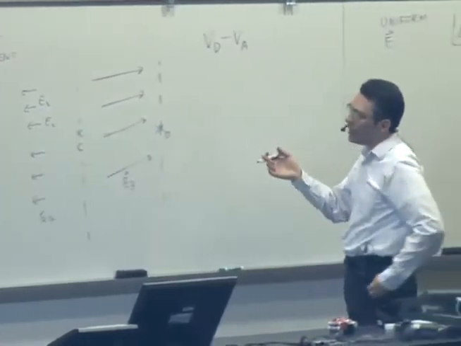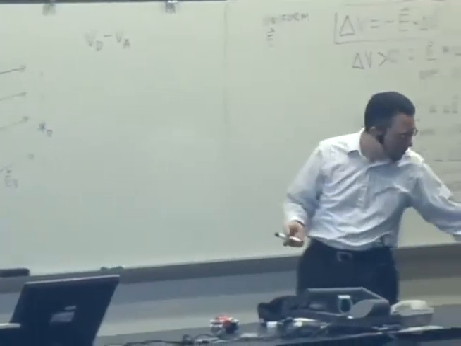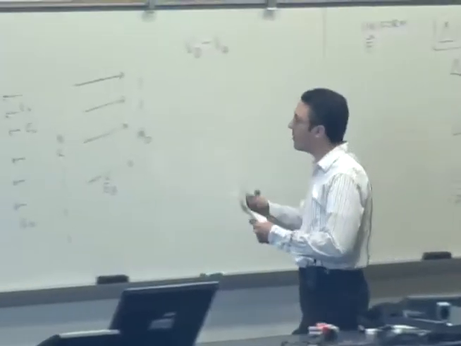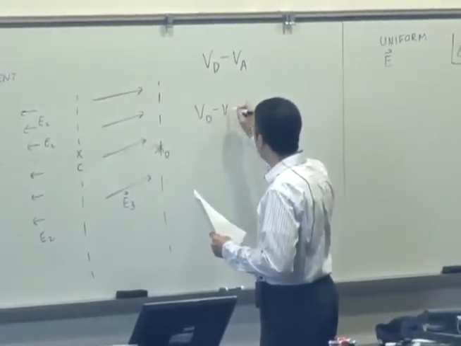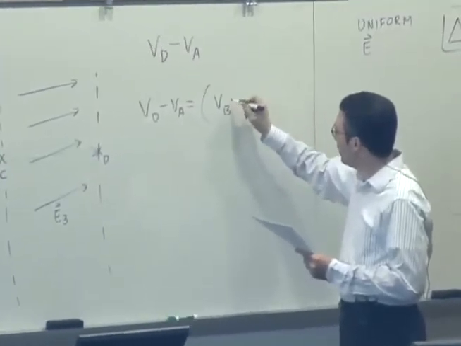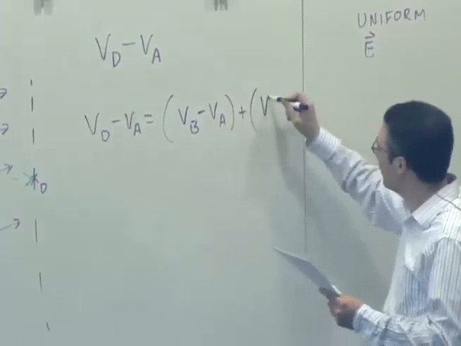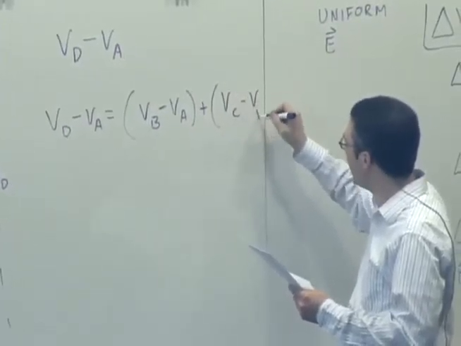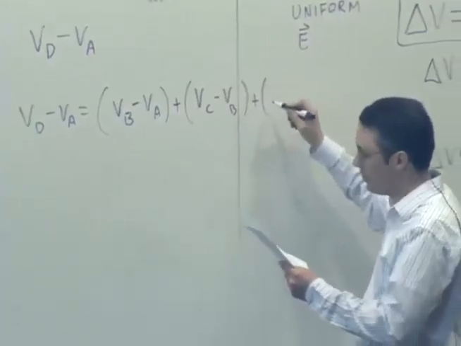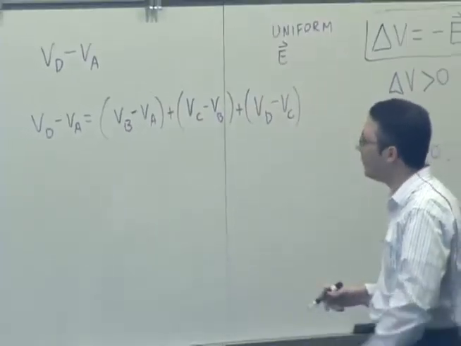So I could calculate the potential difference from A to B, and then B to C, and then C to D. If I want to write this out, VD minus VA is equal to VB minus VA plus VC minus VB plus VD minus VC.